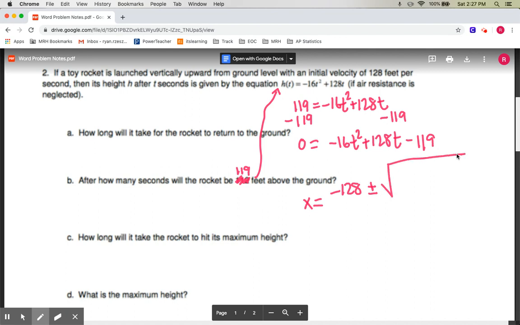And then on the inside here, I'm going to do 128 squared, which is 16384. Then I'm going to do negative 4 times negative 16 times negative 119, which is a negative 7616. So I'm just kind of using my calculator to help me out here. All over 2 times a, that's going to be over a negative 32.